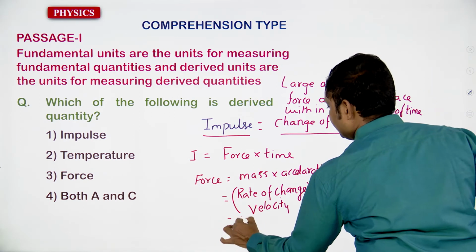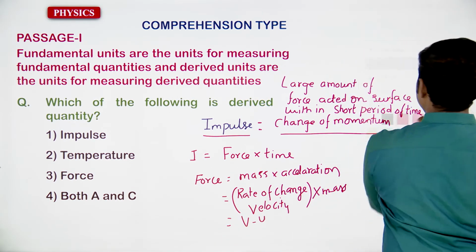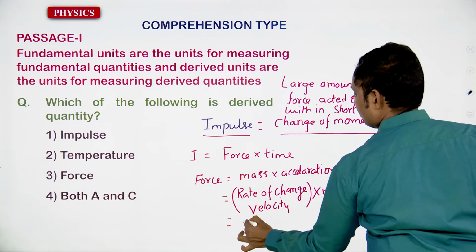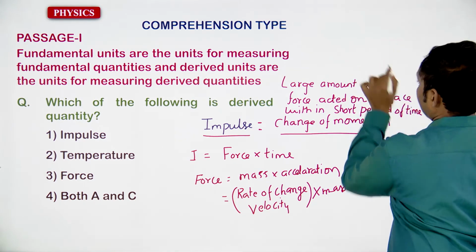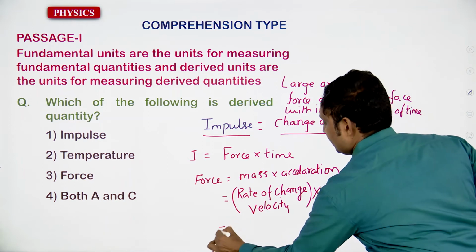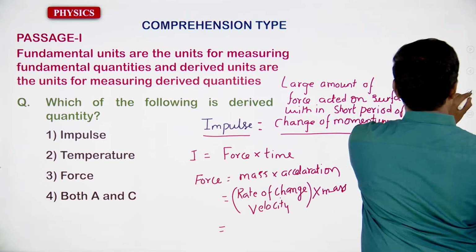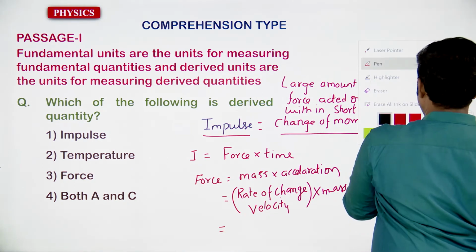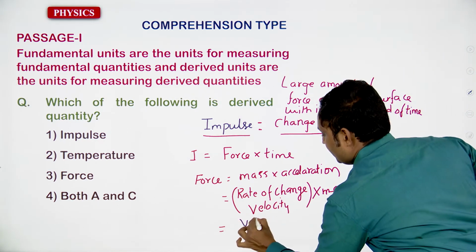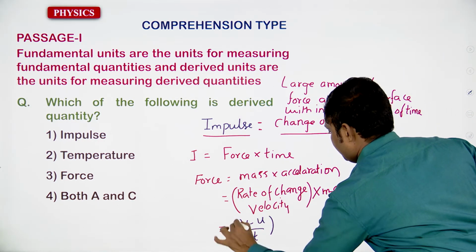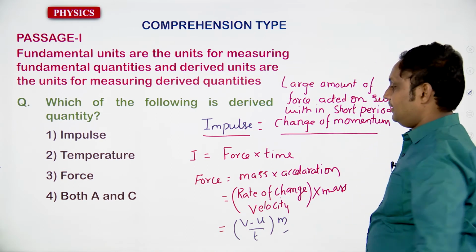It's very clear. That is V minus U by T into M. It's very clear.